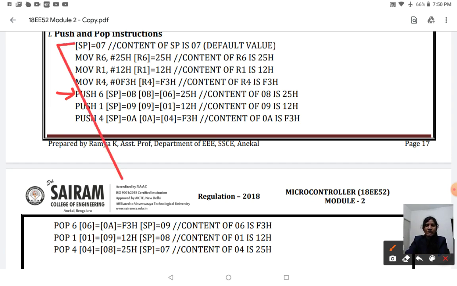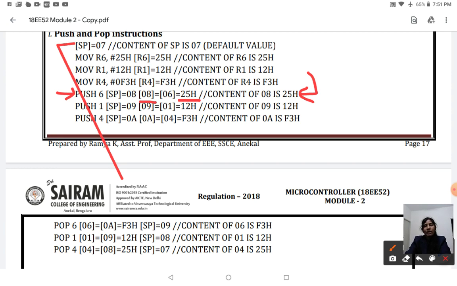So when your controller executes this instruction, the stack pointer address is going to be 08, and the content of address 08 is going to be 25. That is, 25 is moved to the address 08.